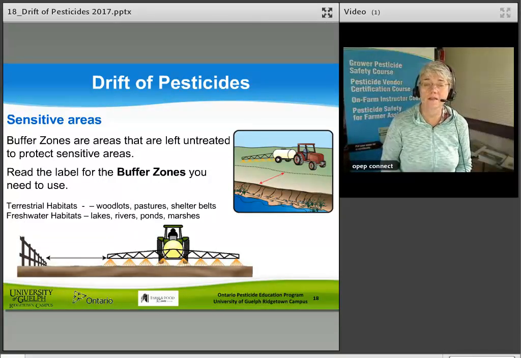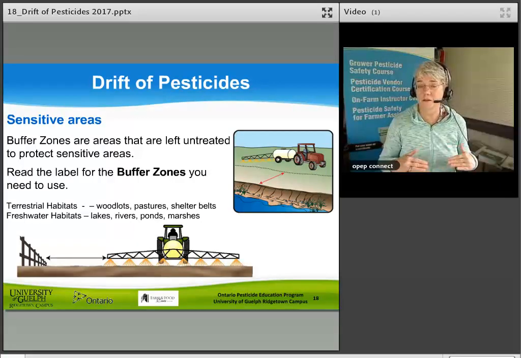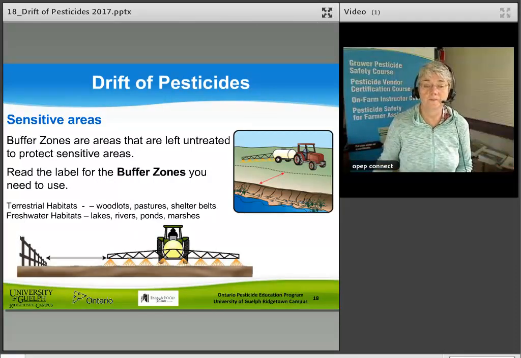Freshwater habitats: lakes, rivers, ponds, marshes. There could be 2 different buffer zone requirements, one for the land terrestrial habitats and one for the freshwater habitats. So check that on a pesticide label and then make sure that you are leaving that buffer zone when you're spraying.